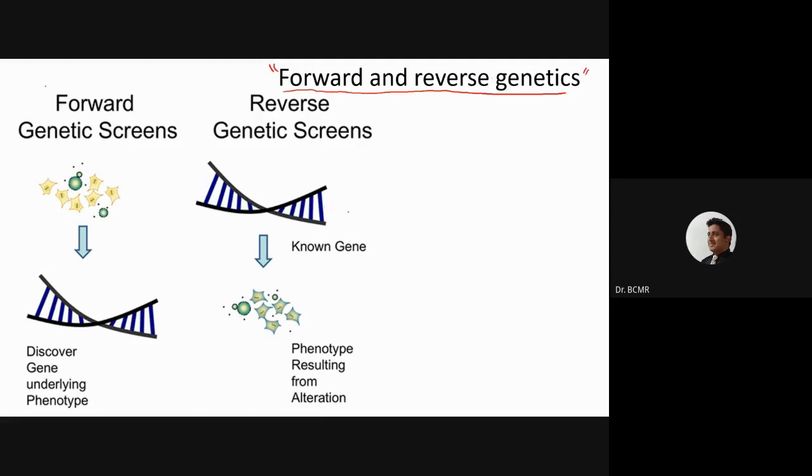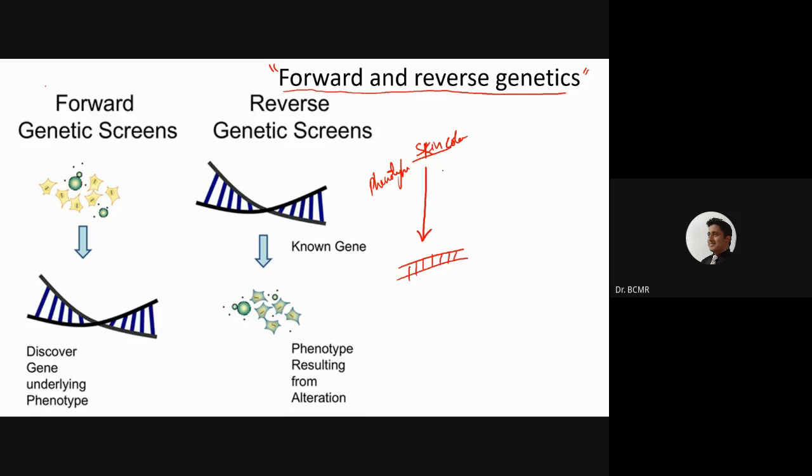Forward genetics is if you know about, say, for example, skin color, okay? And you are observing a trait or a phenotype, and then you're trying to find out what is the gene that is causing this phenotype.